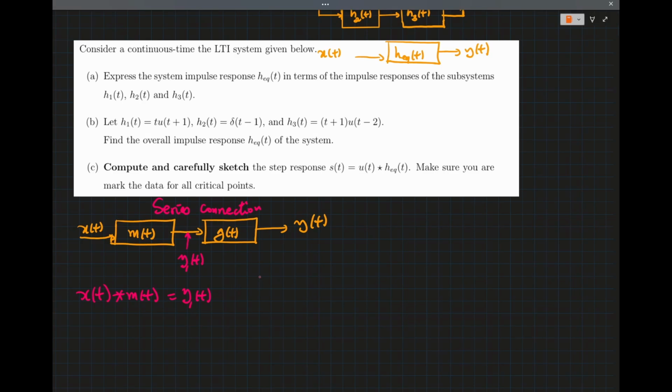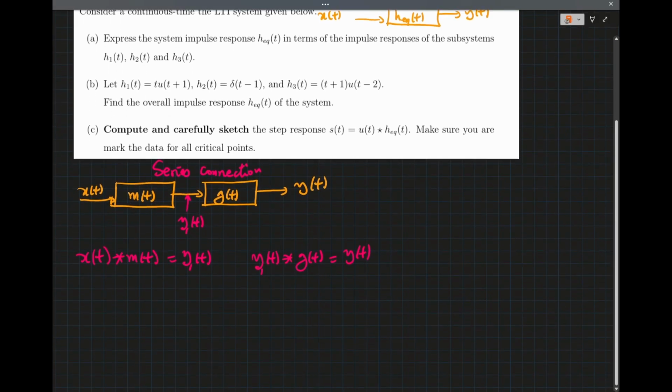Then y1 of t convolved with g of t gives me y of t.